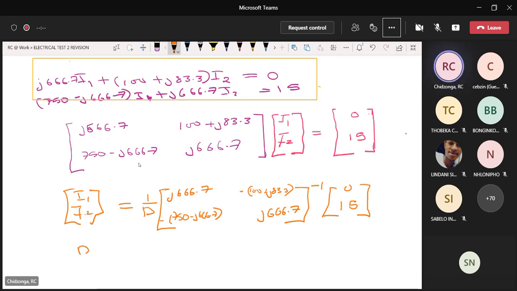And the determinant in this case, you know that it's going to be this times that, which is J666.7 squared, because it's the same, minus these two multiplied. So it will be 750 minus J666.7 times 100 plus J83.3. You evaluate that and bring it here.